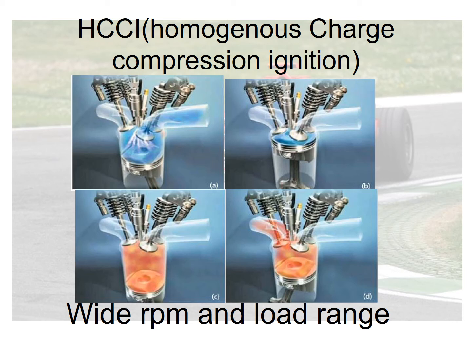Okay, another technology is known as homogeneous charge compression ignition, where you can put a homogeneous charge or you can make higher compression in the combustion, and because of higher compression you achieve higher power output for the engine with wide RPM and load range.